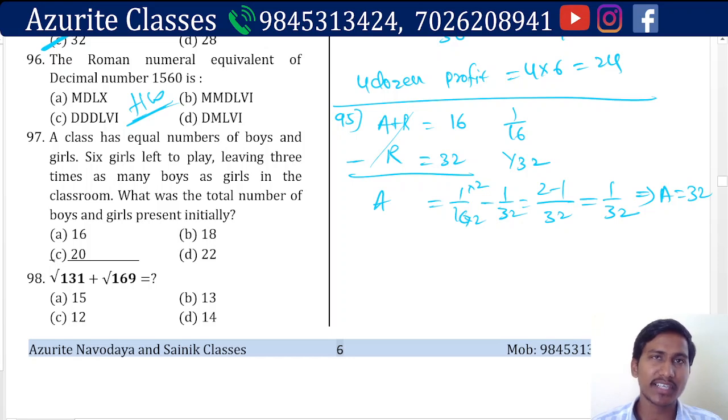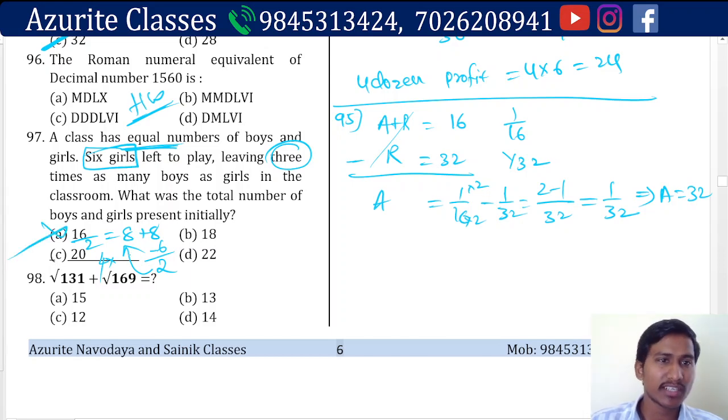If you take option A, it will be half and half, 8 plus 8: 8 girls, 8 boys. If 6 girls left, then 2 remain. 2 fours are 8, so it will be 4 times, but they are telling 3 times. So A is not the answer.